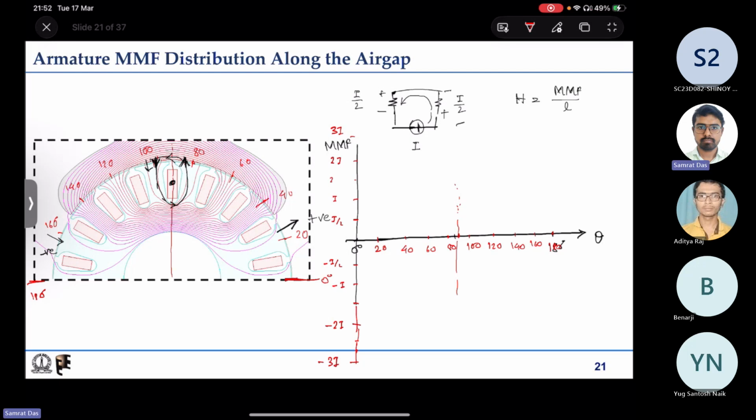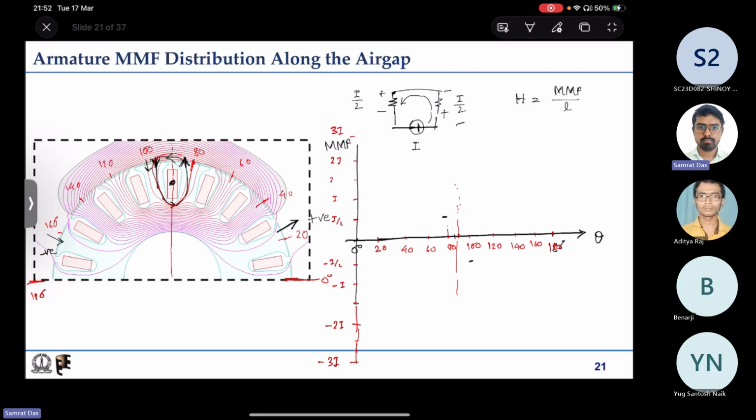If we take any flux line at 80 degree and 100 degree, then you can understand that at 80 degree we will have plus I by 2, and at 100 degree we will have minus I by 2. So let me plot it: at 80 degree plus I by 2 and at 100 degree minus I by 2.